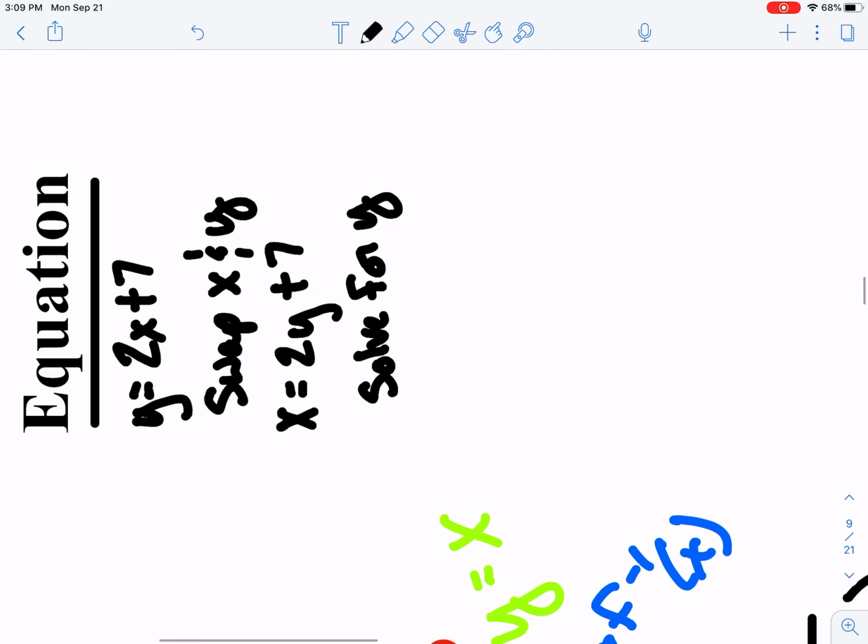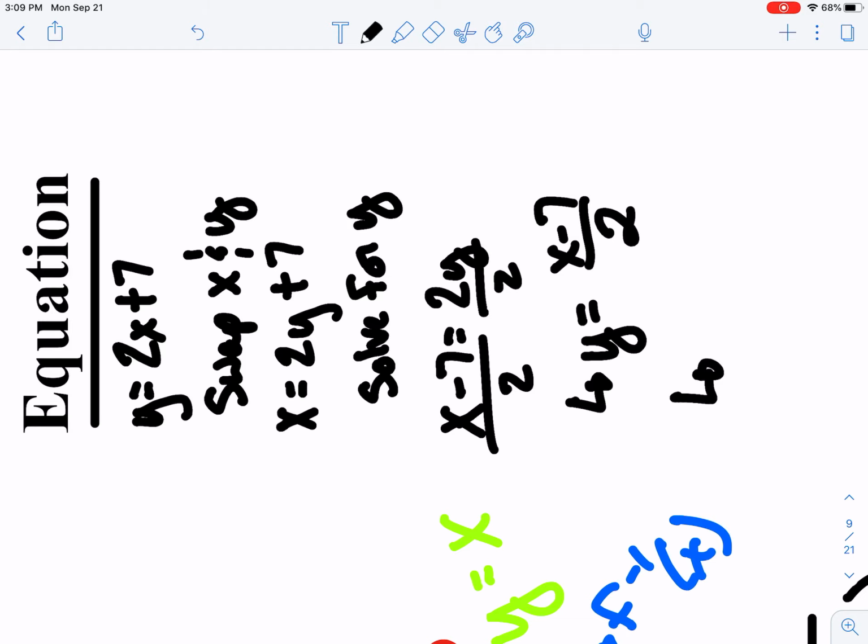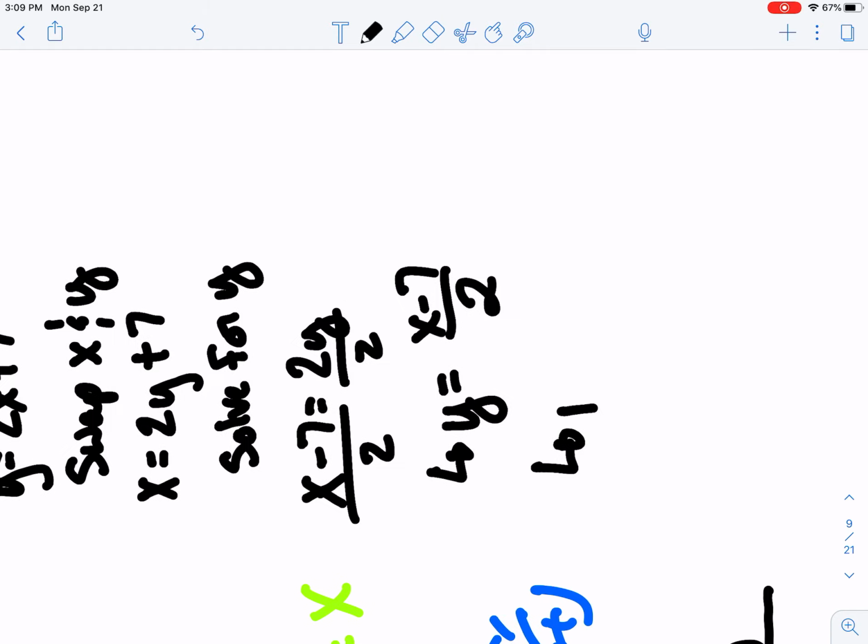So x minus 7 equals 2y. Divide everything by 2. And then y equals (x minus 7) over 2. And this is the inverse.